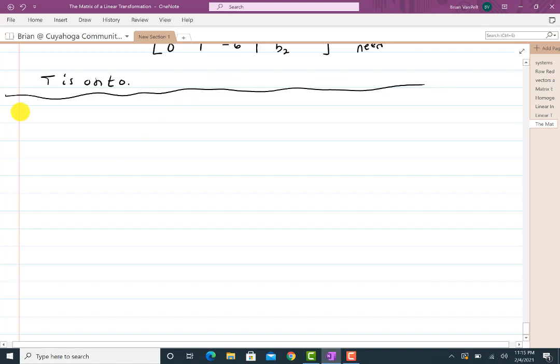This next theorem gives us the easiest way to tell when something is 1 to 1. So let T from Rn into Rm be a linear transformation.